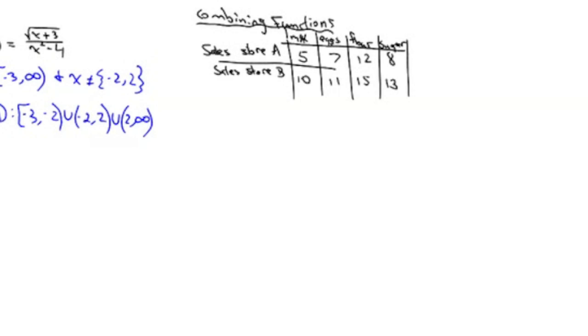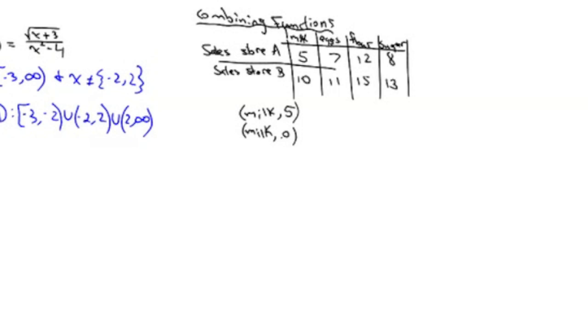So, the idea here is, if you look at sales of Store A, milk is your domain. How many it sold is your range, right? That's pretty much what it is. If you look at the milk, you sold 5 units. And if you look at Store B, its milk sold is 10 gallons or whatever the heck it is.